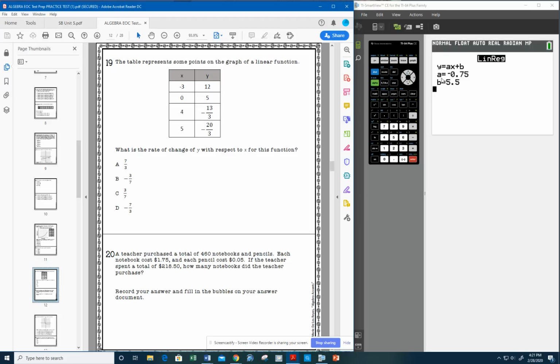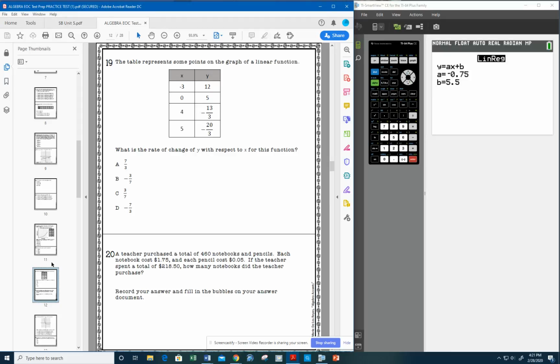Now, you notice when we did our stat edit on our practice problem, it was a decimal. In the test booklet, it's a fraction. So you might have to convert those fractions to decimals to help you decide exactly which one's the correct answer.